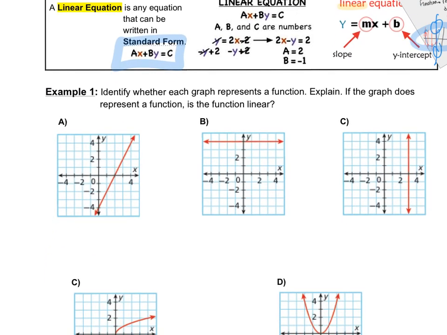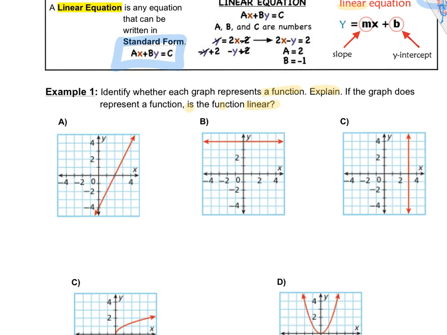So let's look at this example. Identify which ones represent functions. So they're first asking if it's a function and why. And if it's a function, is it linear? So we look at the first one. Well, the first one is a function, first of all, because it's a straight line.